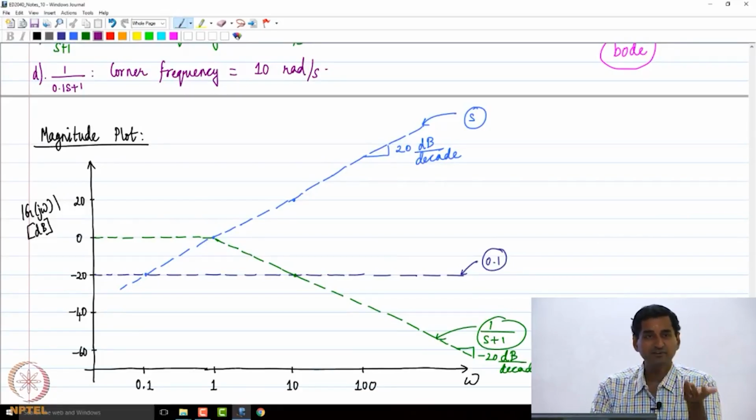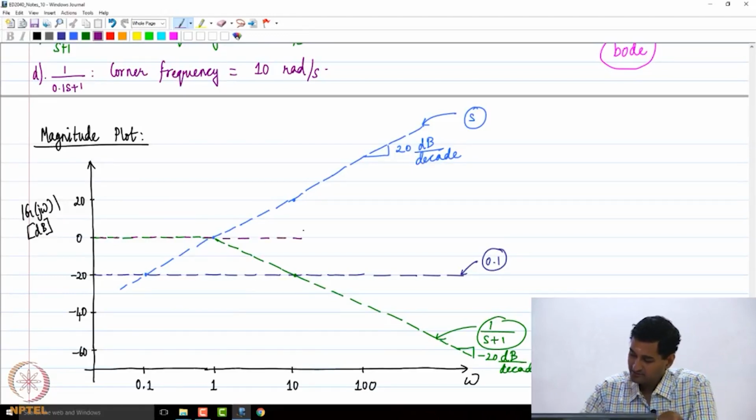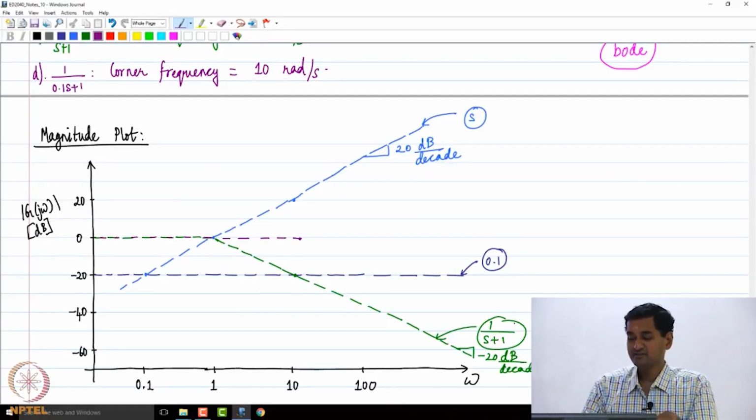So once again, the low frequency asymptote is going to be the 0 decibel line, extending till the corner frequency of 10. Once again, what's going to be the high frequency asymptote? A straight line with a slope of minus 20 decibels per decade.